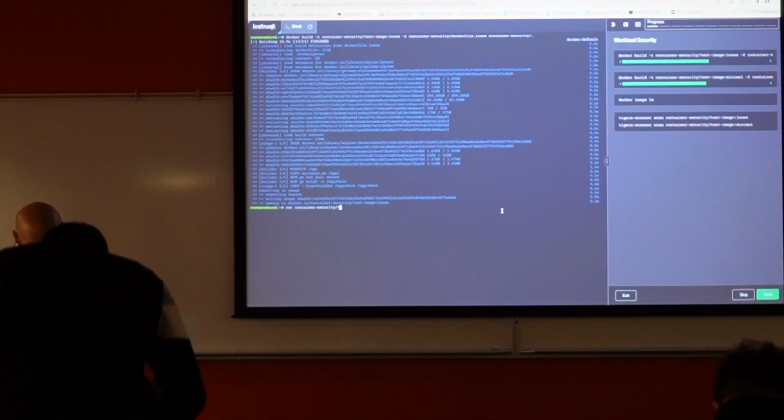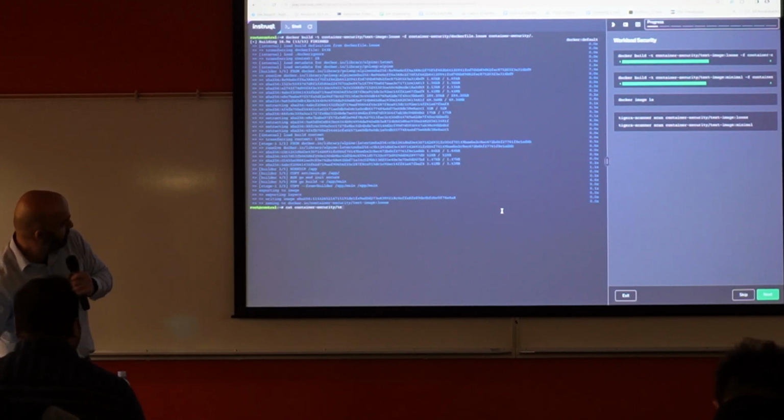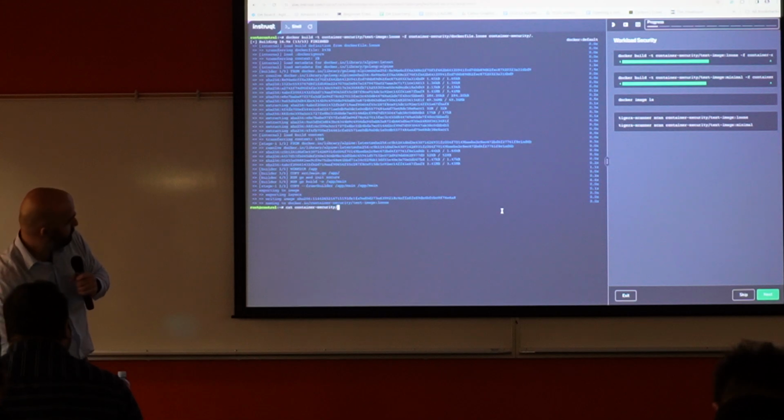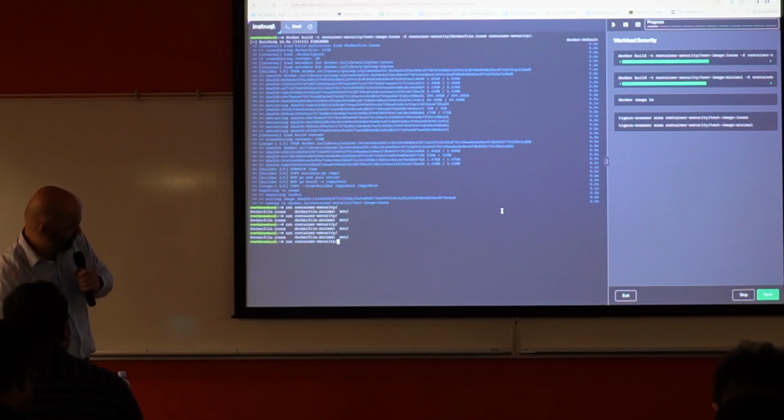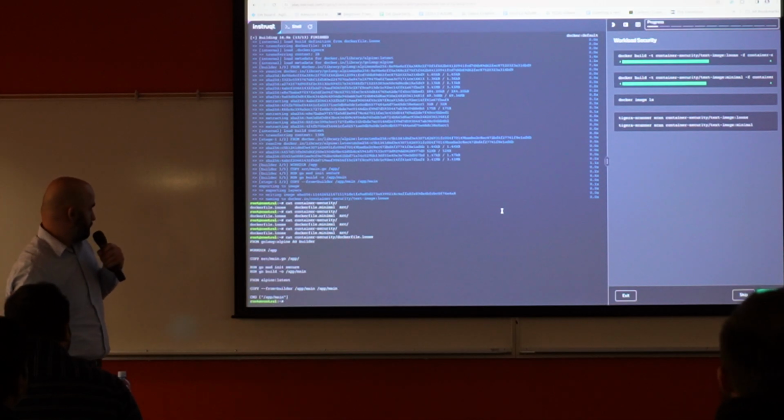I believe it's a test image or something. Yeah, it's a Dockerfile.